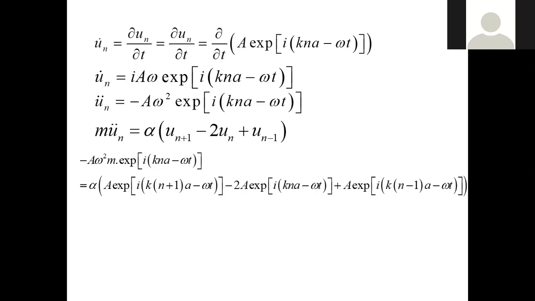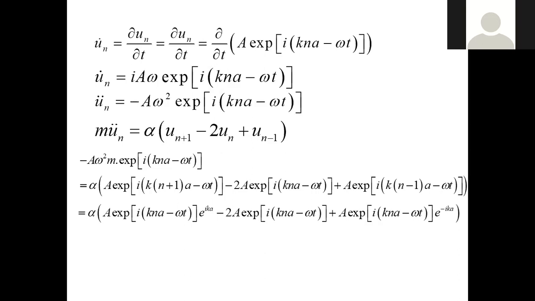It looks very big, just a derivation, but not so big. Only we have put here the value of u double dot and the displacements of the n, n plus 1 and n minus 1 atoms. Then if you go for simplification, this can be written as, just the first term I am explaining: inside you can see k into n plus 1 into a.